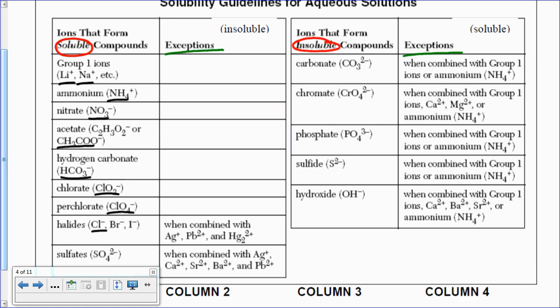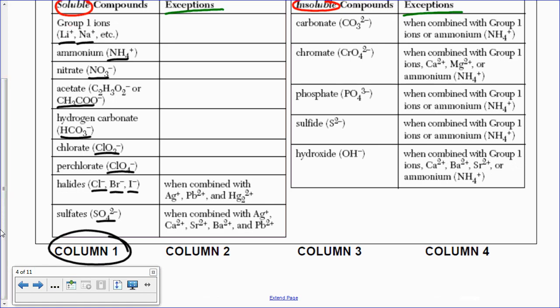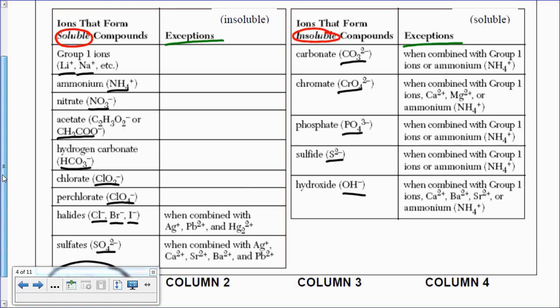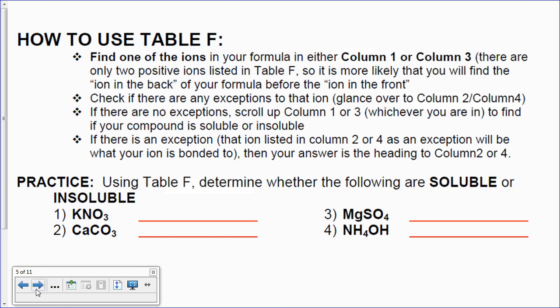We're playing the matching game and seeing where it falls, either in column 1 or column 3. We've got to find these back part chunks in our formulas and see how they apply. So check if there's exceptions to that, if it's soluble or insoluble. If there's no exceptions, look to the top. You find if it's soluble or insoluble. If there is an exception, you have to decide if it's soluble or insoluble.